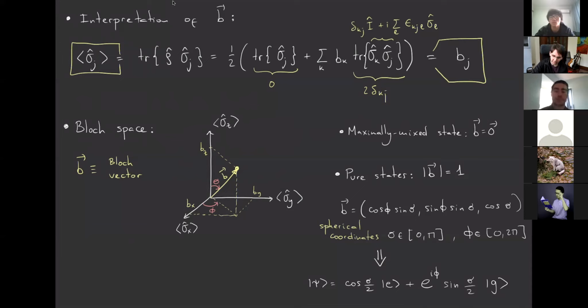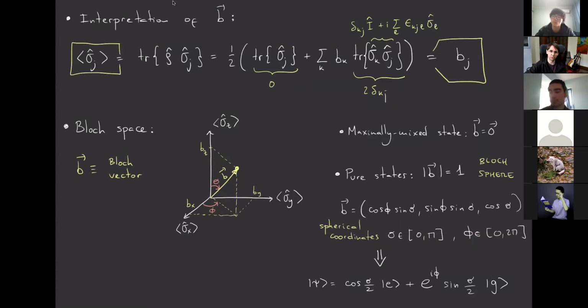Moreover, the condition b equal 1, or absolute value of b equal 1, defines something that we call the Bloch sphere. And it's a very, very special object, because essentially all pure states lie in this sphere.